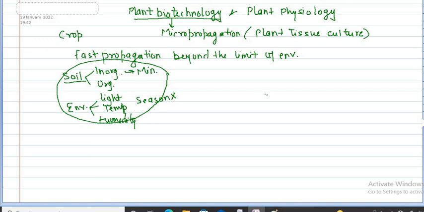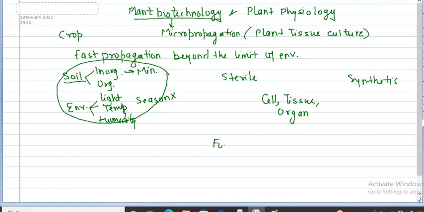It is the propagation of a single cell, a tissue or organ in sterile and synthetic food and environment. It's my own definition of plant tissue culture.